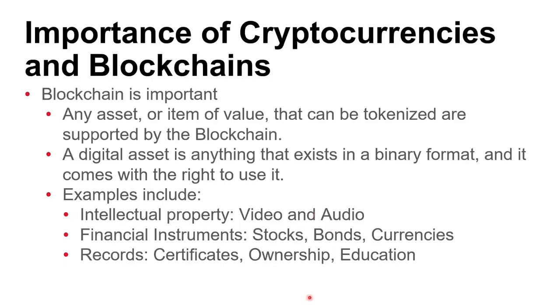So some other examples of items that can be tokenized are video files, audio files, financial instruments such as stocks, bonds, even currencies, even fiat currencies, records like certificates, ownerships, education records, deeds to homes. So we can have birth certificates and marriage licenses all reside on the blockchain and be tokenized.